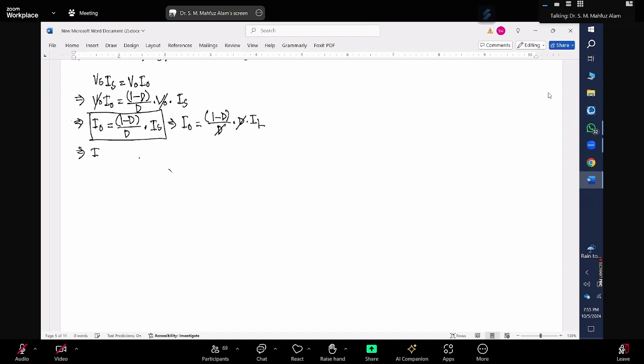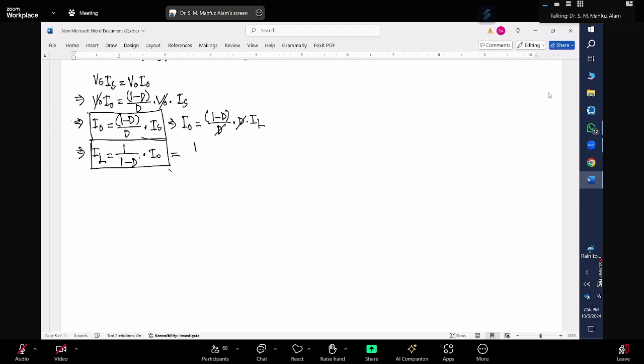So what is your IL? IL should be 1 over 1 minus D multiplied by I naught. Is there any confusion regarding the output current and the inductor current? No, sir.